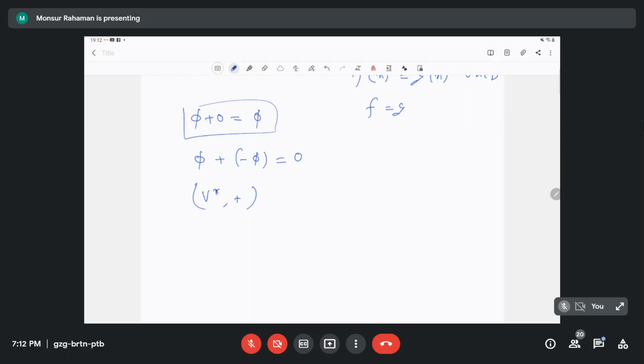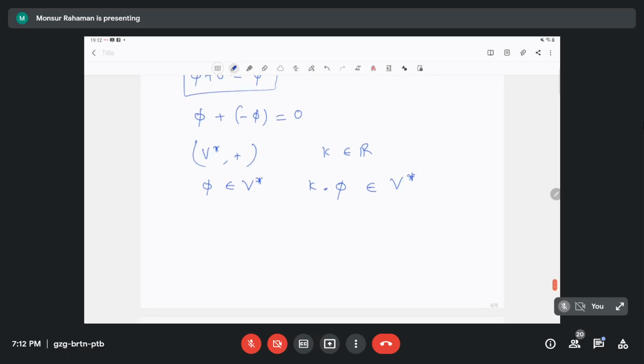Now what about the scalar multiplication? You take k from the real numbers and phi from V star, and k phi. How are you going to define this k phi? Because it has to be a linear functional again, you have to define it.